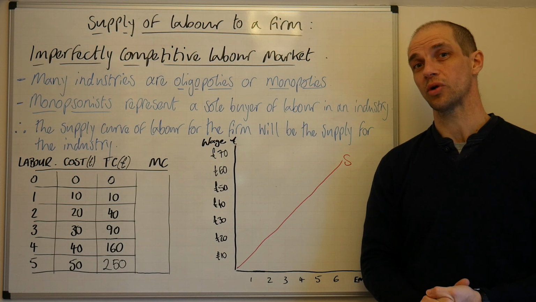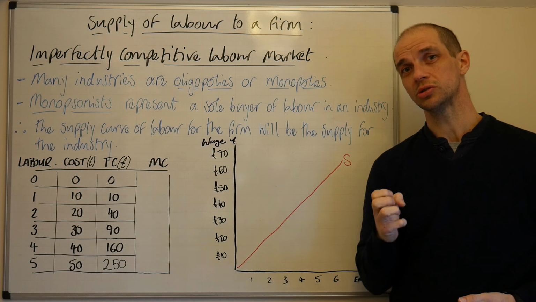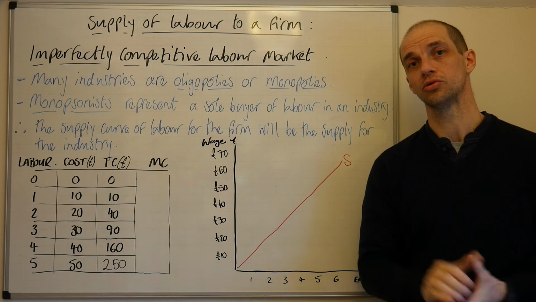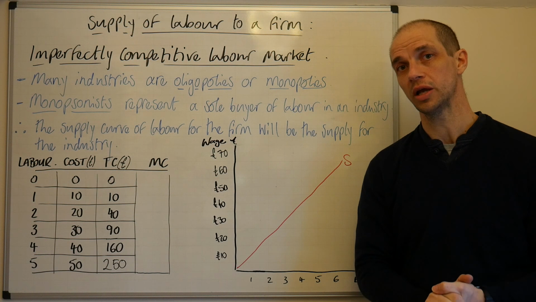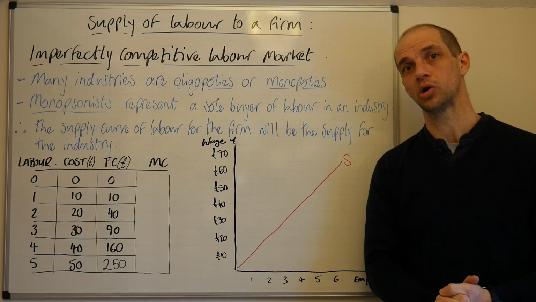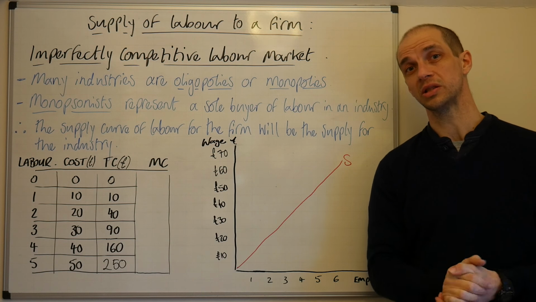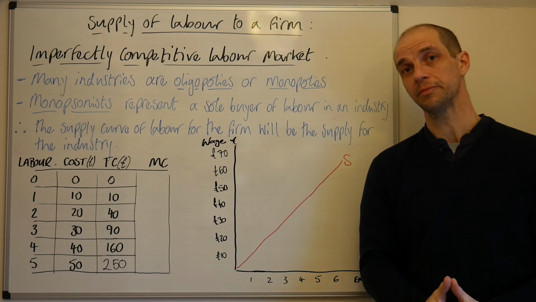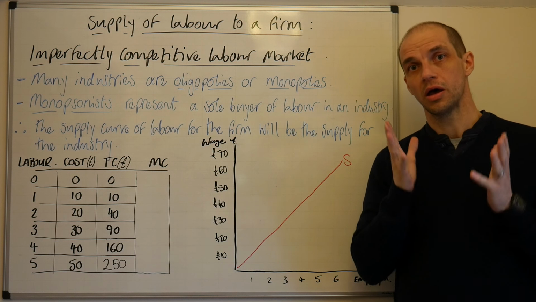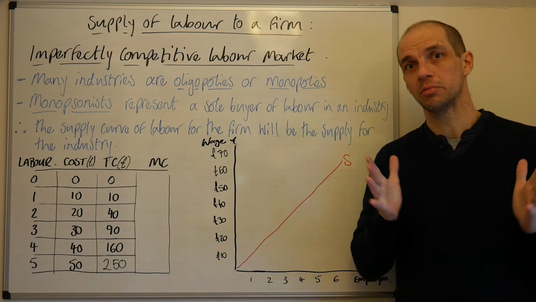Just as we saw within monopoly diagrams when it came to the theory of the firm unit, we saw that the upward sloping part of the marginal cost curve would be the supply curve for the industry. Again, here we are dealing with one firm equaling the market as a whole.